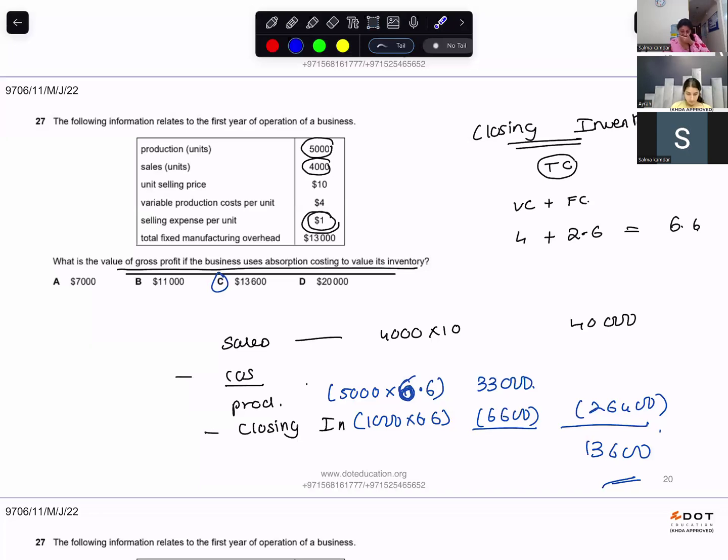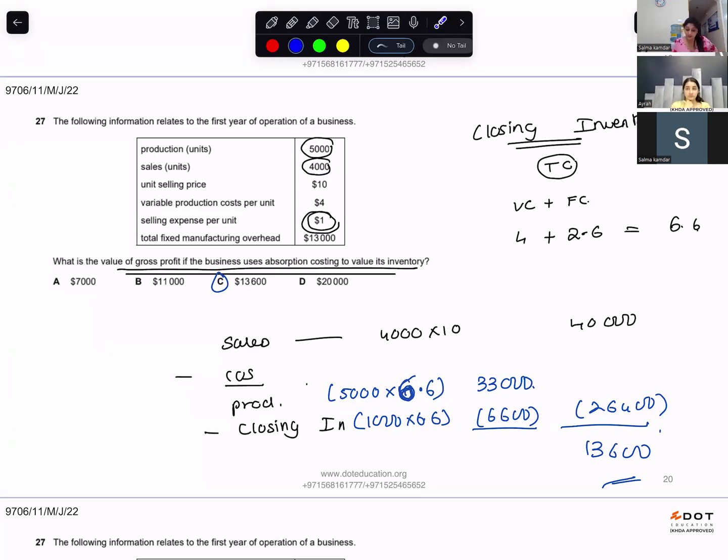Okay, we're getting the wrong answer. When it is absorption costing and the units produced are not equal to units sold, please value the closing inventory at the proper price. Inventory under absorption costing is valued at variable cost plus fixed cost, and fixed cost is absorbed on the basis of total production.